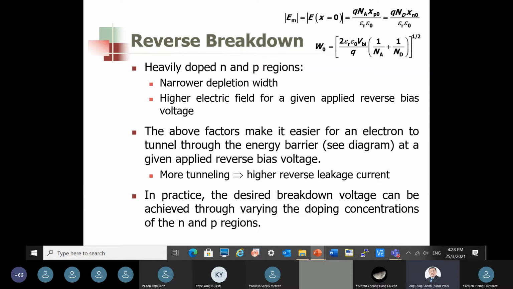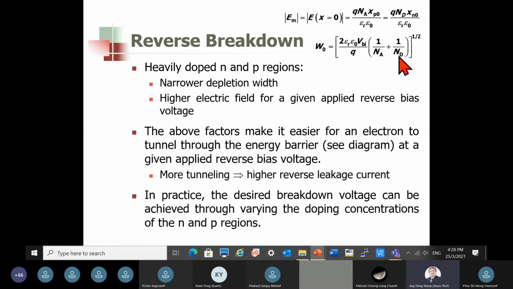Now the breakdown voltage, or the Zener breakdown voltage, can be changed by changing the doping concentration of the P and N region. Now, why is that the case? You need to recall, right, the width of the space charge region, which essentially is the thickness of the tunneling barrier, depends on the doping concentration.